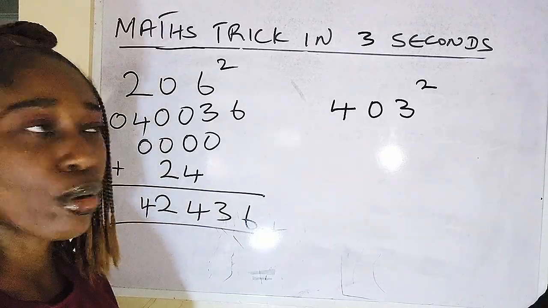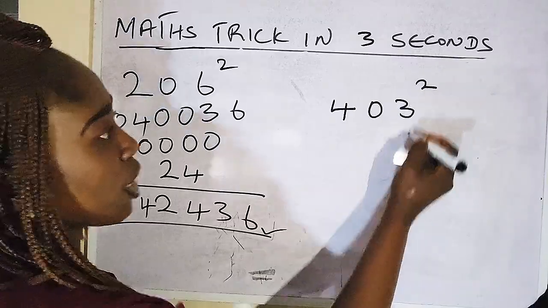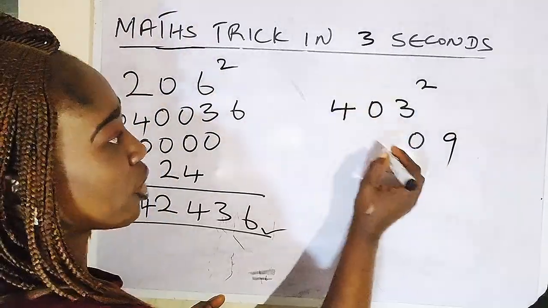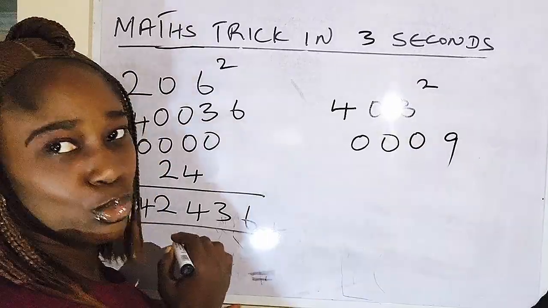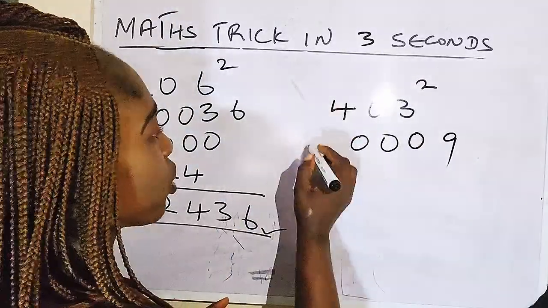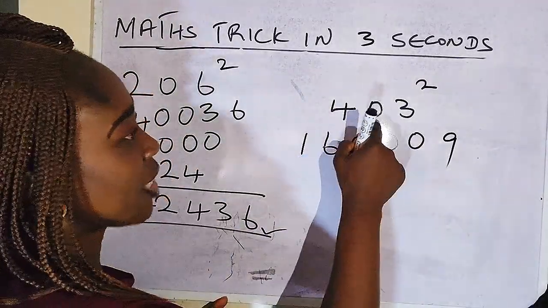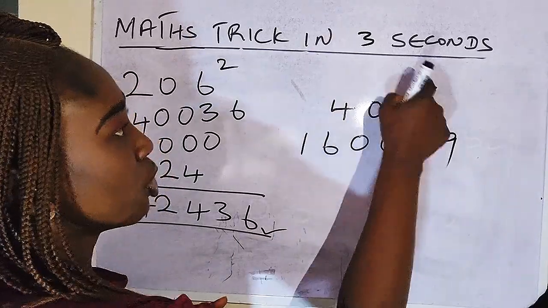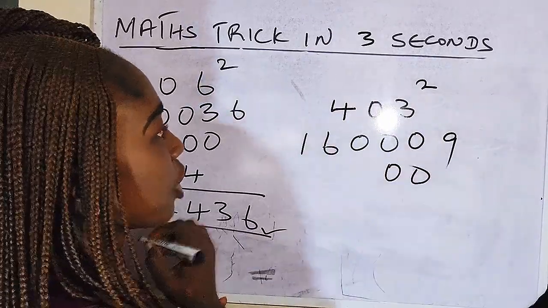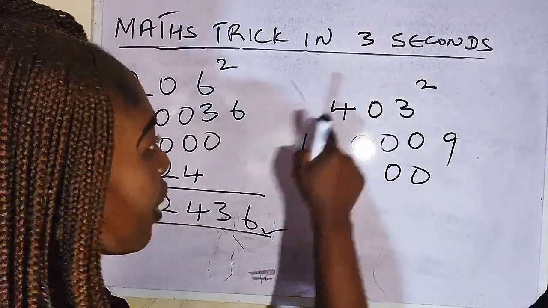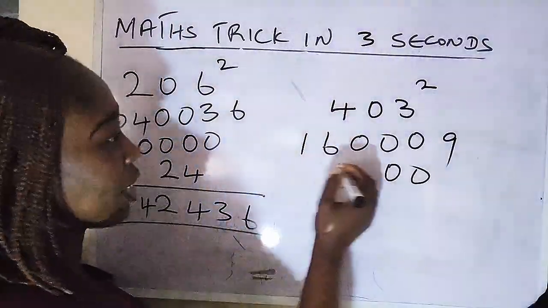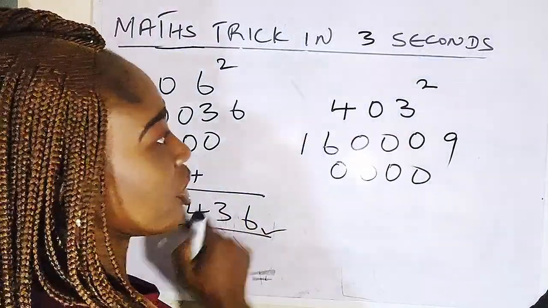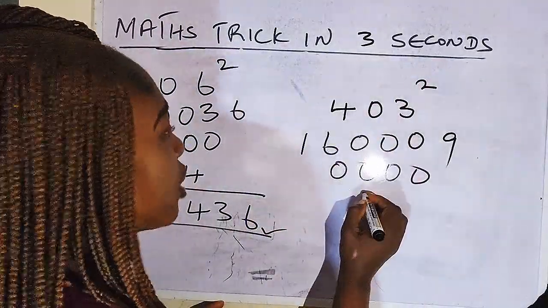By now, you should be done with this. So let's look at the correction. 3 raised to the power 2 is 9. Write it in 2 digits. 0 raised to the power 2 is 0. Write it in 2 digits. 4 raised to the power 2 is 16. 0 times 3 is 0, times 2, 0. 4 times 0 is 0, times 2, 0. 4 times 3 is 12, times 2, 24.